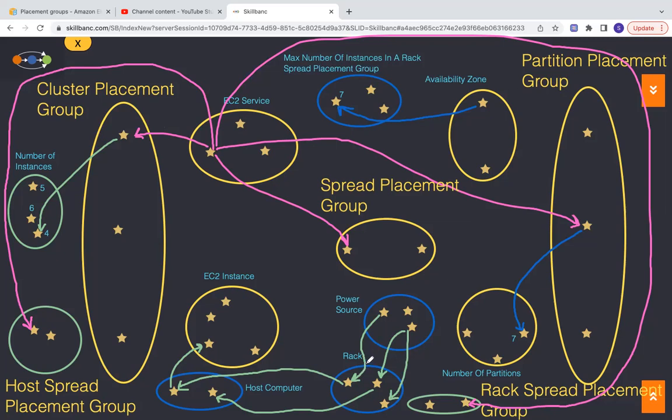So you've got your instances launched. These are virtual servers running on some sort of a host computer. There is one computer on which these instances are running.